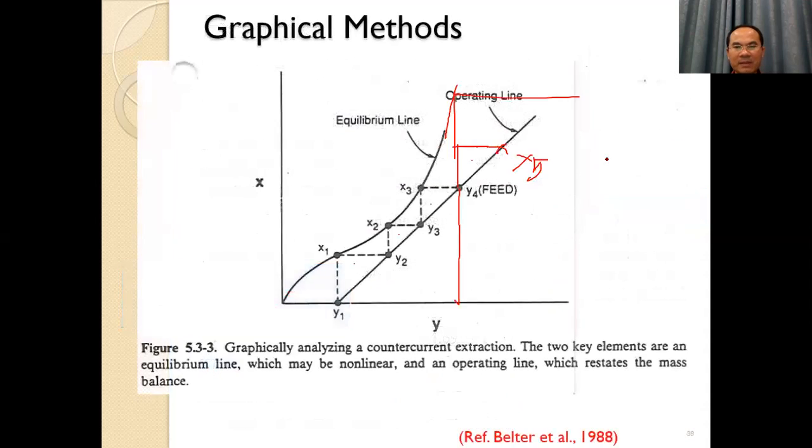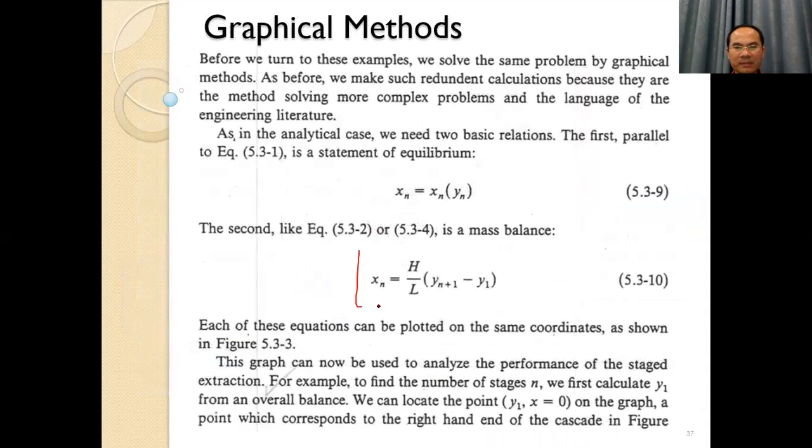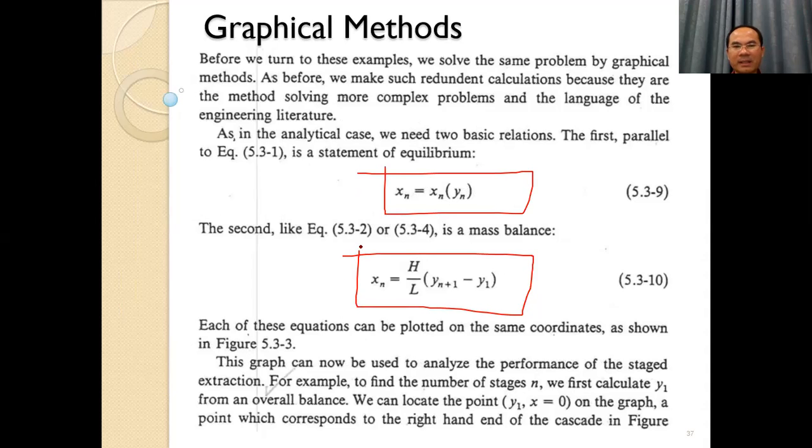We need two equations: the equilibrium line, you know already, and the operating line. The equilibrium line is xn equals K y. Xn is the amount of solute in the extract phase. y(n+1) is the amount of solute in the feed, and y1 the amount of solute in the heavy phase in the output, or refined phase.